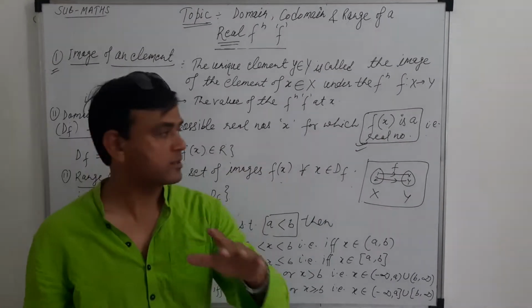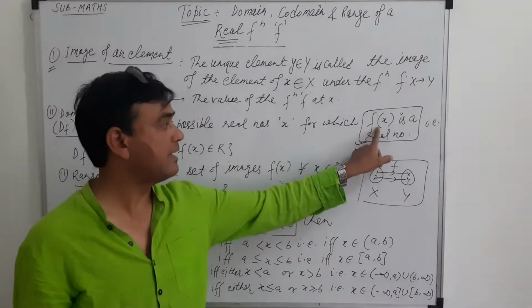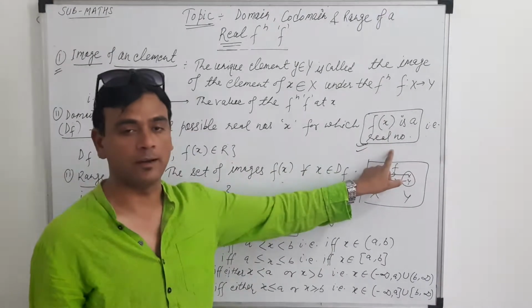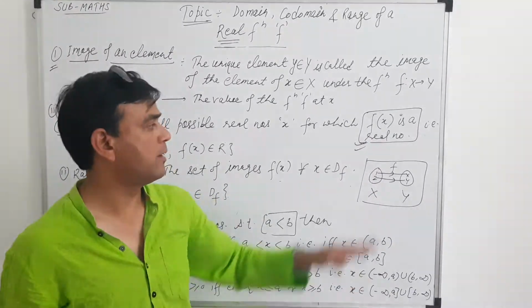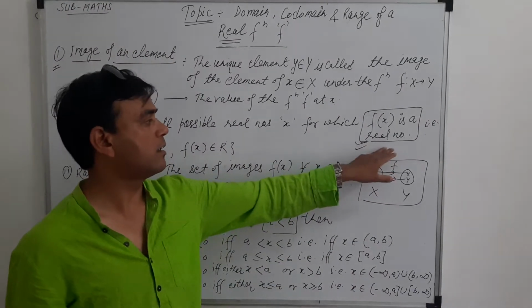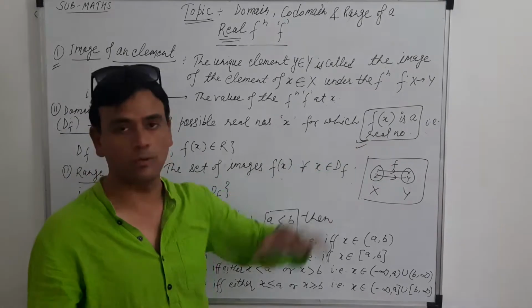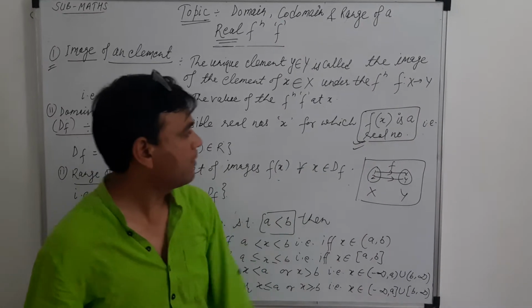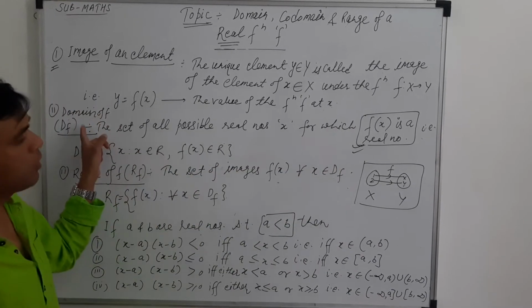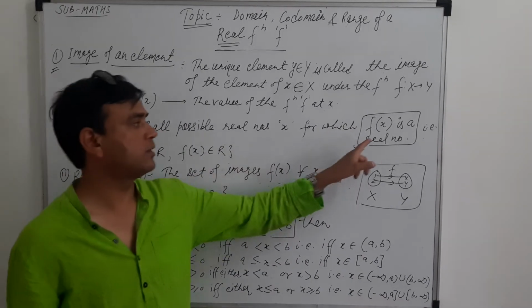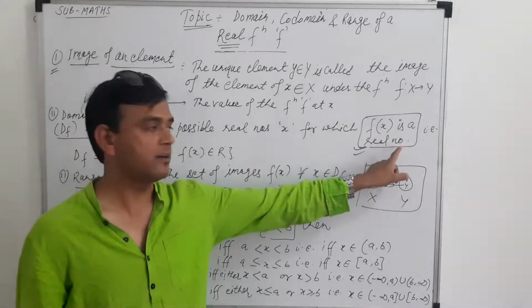For the domain of any function, the value of the function, that is f(x), must be a real number. We have already discussed this in 11th class also. Maybe some of you are familiar with this, maybe some of you are not. I don't know. But today we will again discuss this. So, to find the domain of any function, we must know that f(x) must be a real number.